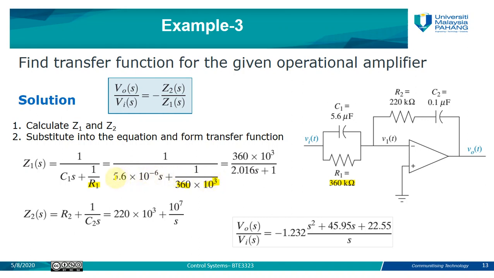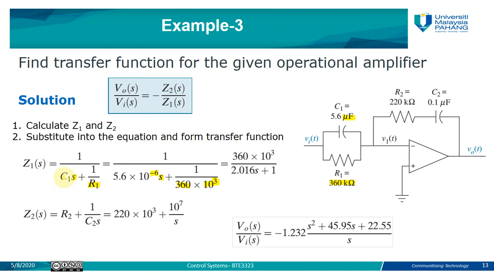The value of the capacitor is 5.6 microfarad, so you need to convert it into farad: 5.6 times 10 to the power of negative 6 times S. Don't forget to write the S here, because S represents j omega. As you know previously, we calculate the reactance of a capacitor as 1 over j omega C, so here it is 1 over Cs.